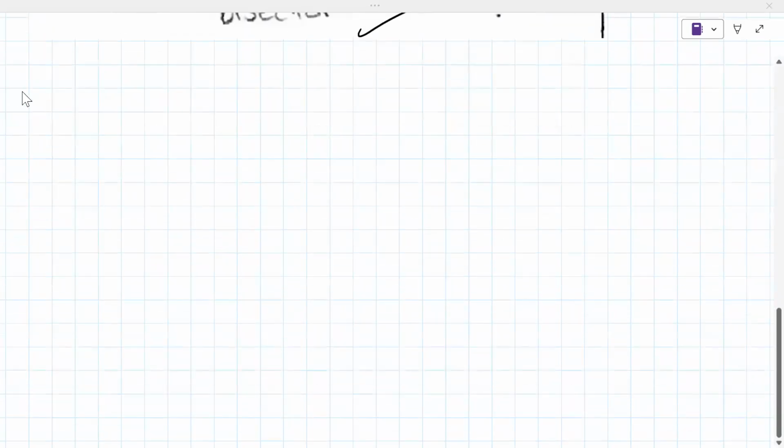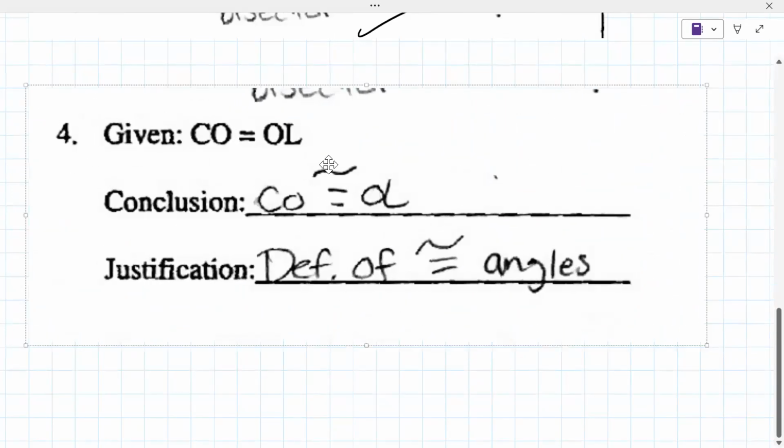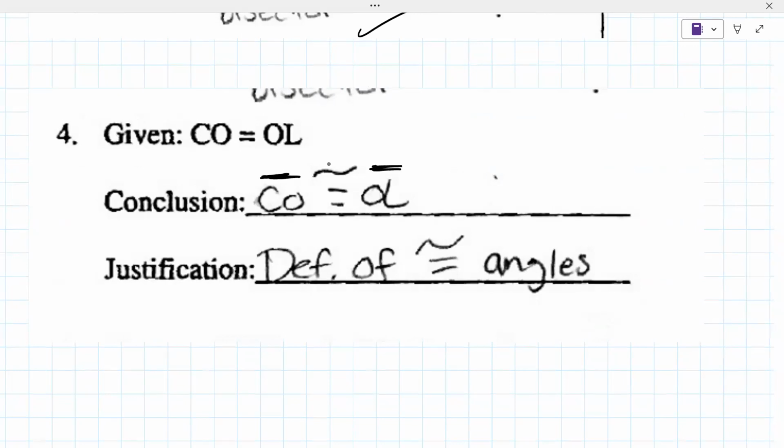So number 4, let's take a look at number 4 here. One of the things you're missing here is the line segment above those. You'll notice that if they're the same length or the same measure, that's what this is saying up here. Therefore, they are congruent. But congruence only refers to line segments. So you have to have that little line above there.